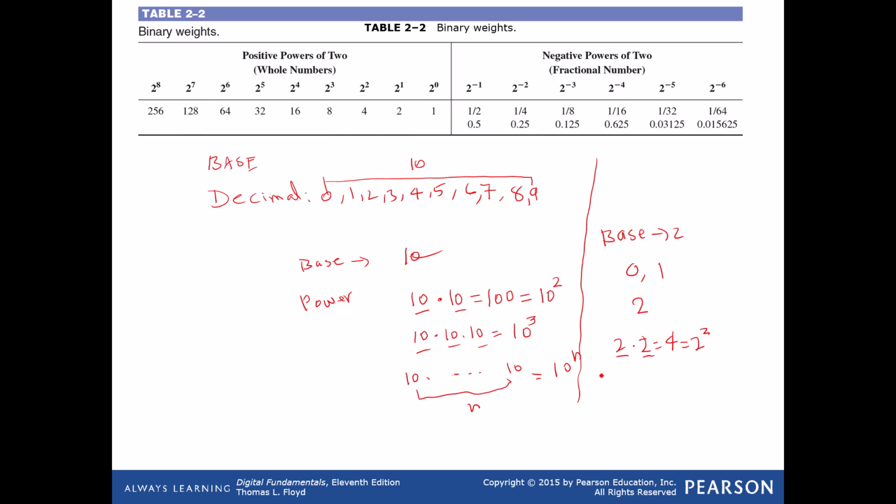If I do one more time, then I have 2 to the 3, or 8. And so on. As you can guess, 2 to the 4 is 16. So in general, if I multiply 2 by itself n times, this is equivalent to 2 to the power n.